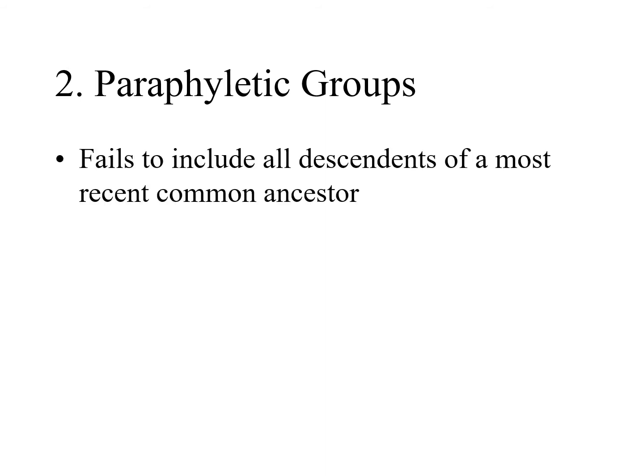So sometimes when researchers conduct a cladistic analysis and they generate a tree and you compare it to pre-existing classifications, you might identify what was previously recognized as a paraphyletic group. A paraphyletic group fails to include all of the descendants of a most recent common ancestor.